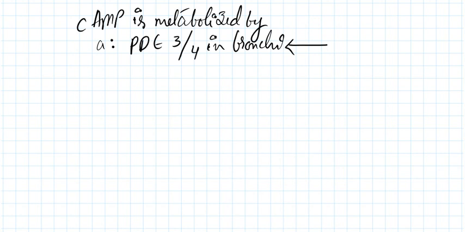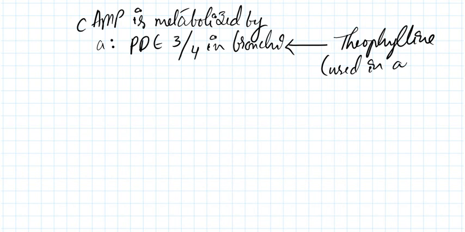Now just understand this concept. If cyclic AMP is metabolized, will bronchodilation occur? No. Can this principle be used for pharmacology? Yes. This is the principle used by theophylline, which is a phosphodiesterase inhibitor, used in asthma. Theophylline inhibits the phosphodiesterase.